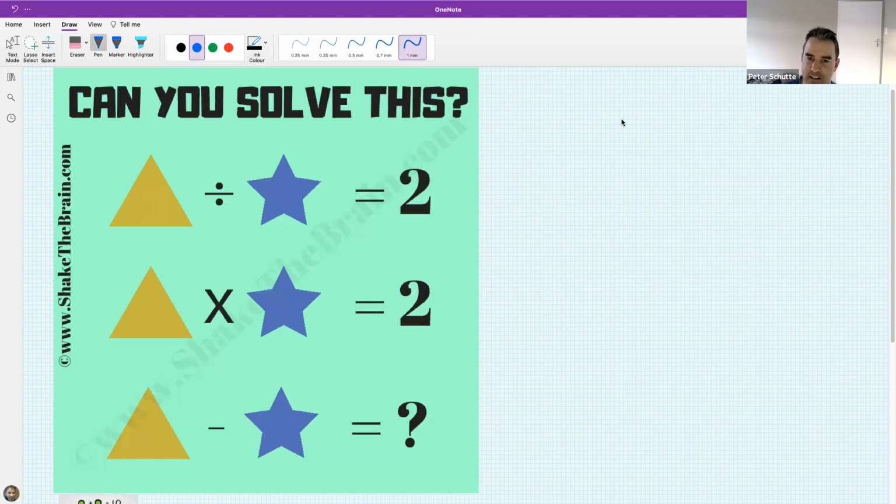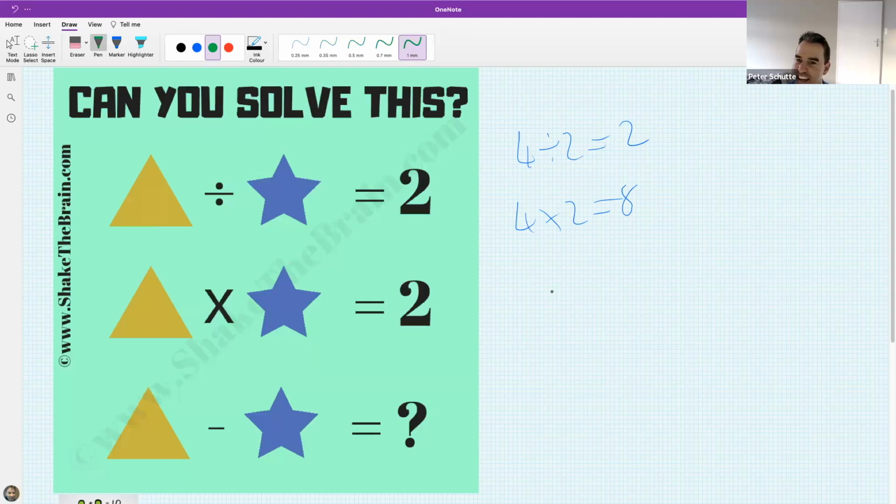So there's been the suggestion that 4 and 2, so 4 divided by 2 is 2, but then 4 times 2 is 8. So I don't think it can be 4. So I was thinking, so 2 divided by 1. Oh, Inga. So let's have a look.